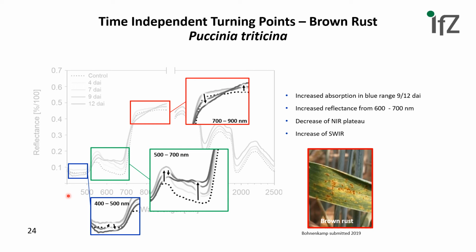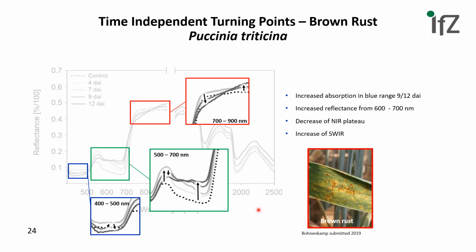This can be the case, for example, for brown rust, where we have the phase in which the first chlorosis appears, and when this chlorosis erupts and the uredinospores appear, we can see a time-independent turning point here from 500 to 700 nanometers due to a change in the color of the pathogen.